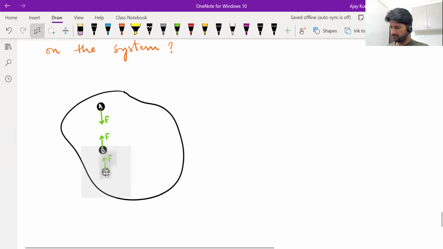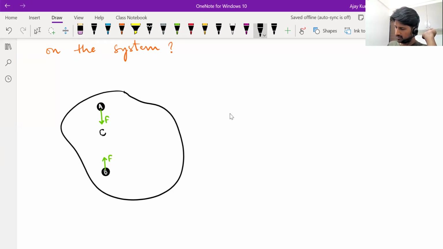Let's say they have an attractive force among themselves. They attract each other. Consider gravitational attraction itself. Then, under the influence of that attractive force, assume A moves to this position and B moves to this position. So the displacement of A is like this and the displacement of B is like this.